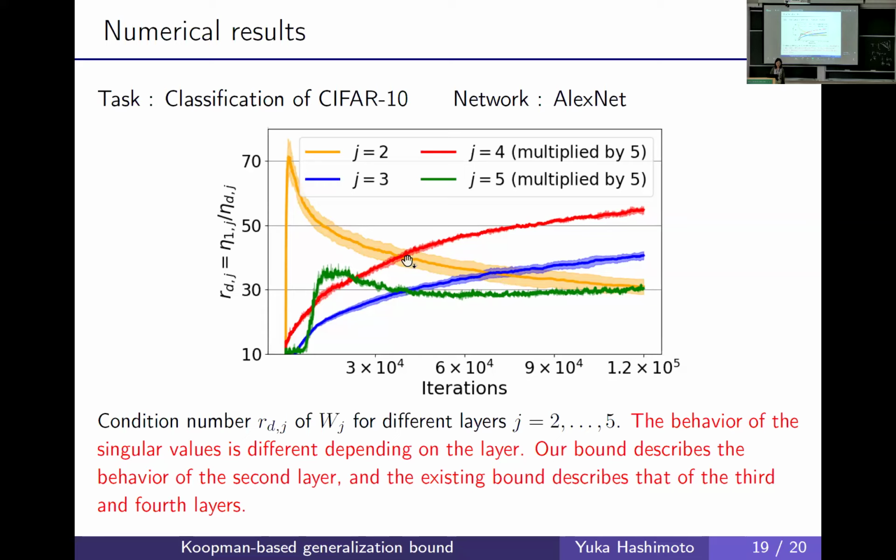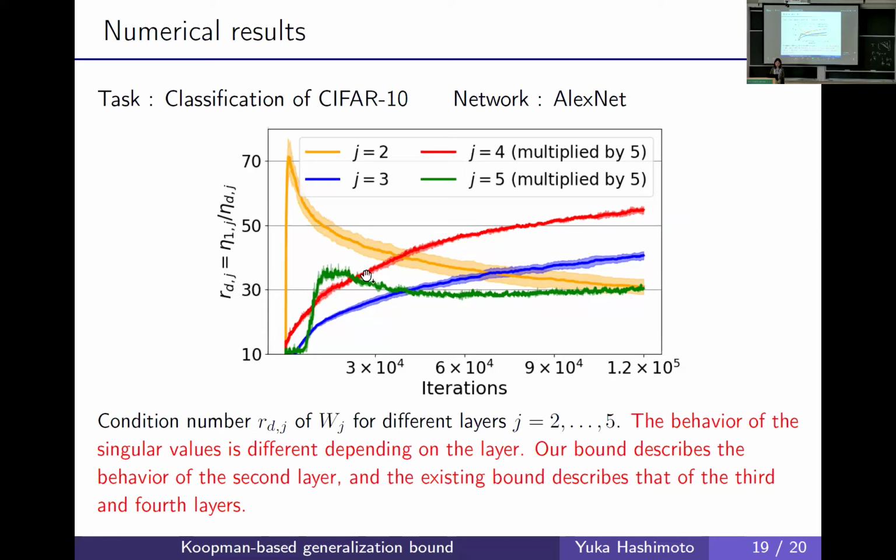On the other hand, the red and blue lines show that the condition number becomes large as the learning process proceeds. It means the existing result is suitable for these layers, because for existing results, if the condition number is large, then the existing bound becomes small.